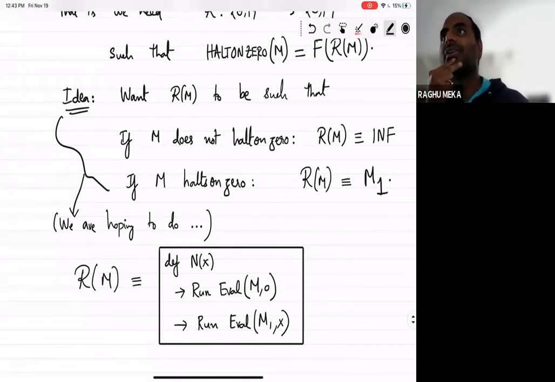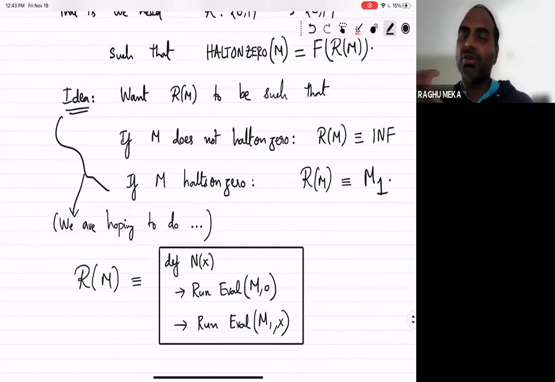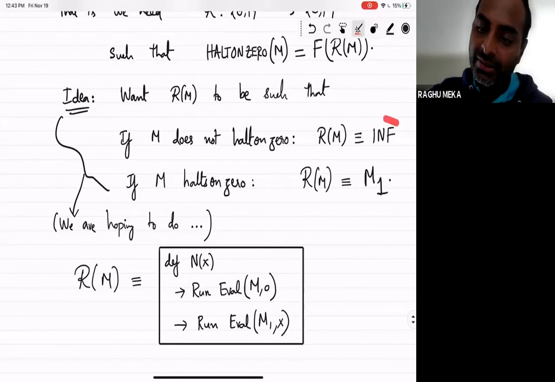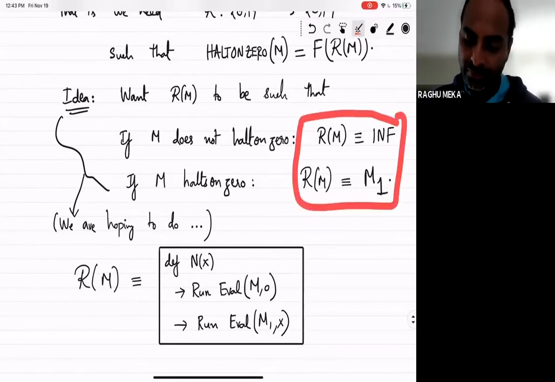Almost, I think you're almost right. R can be universal Turing machine. We just want it to be something to exploit this non-triviality, right?